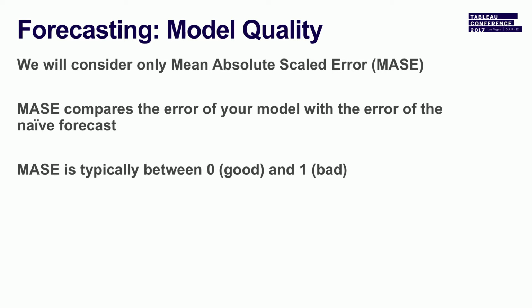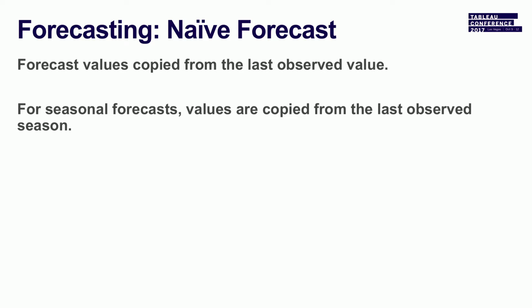MASE can actually be greater than 1, and that's just really bad. The naive forecast is just the forecast that copies values from the last observed value. In the case of a seasonal forecast, we would just be copying values from the last observed season.